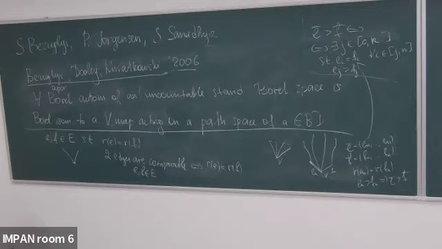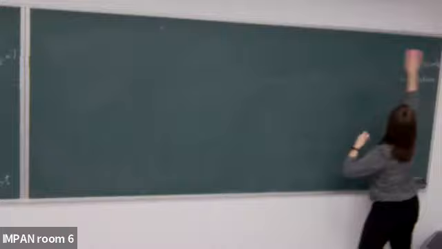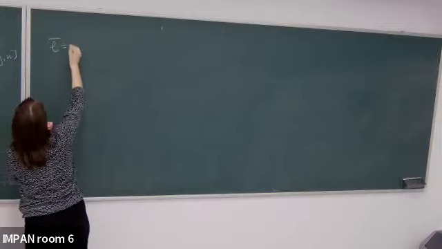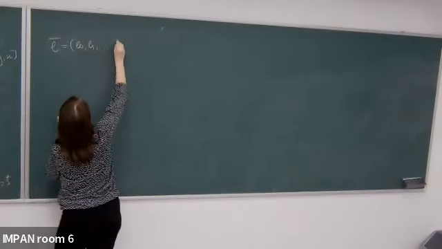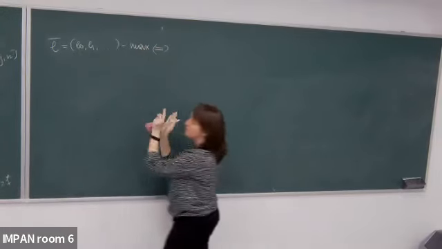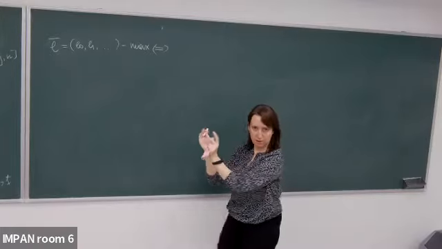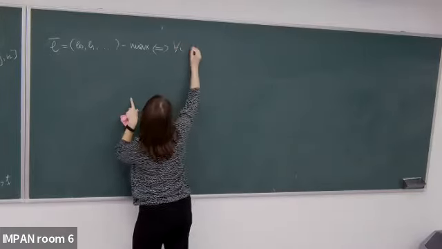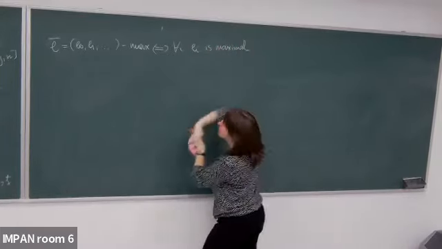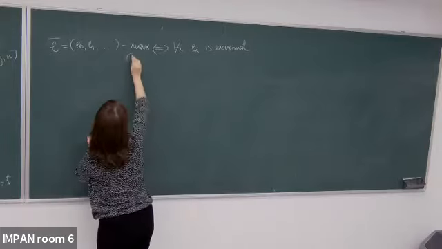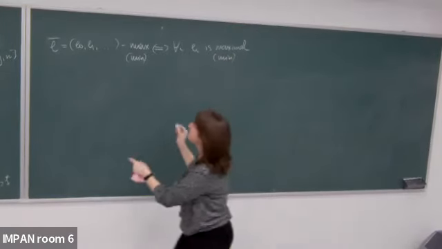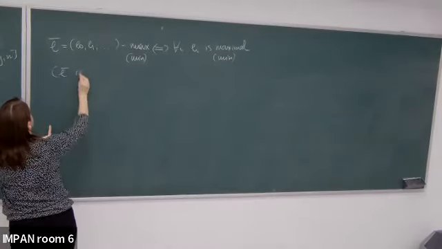For infinite paths, a path is called maximal if each edge is maximal among all comparable edges, and the same for minimal. And the same also for finite paths.